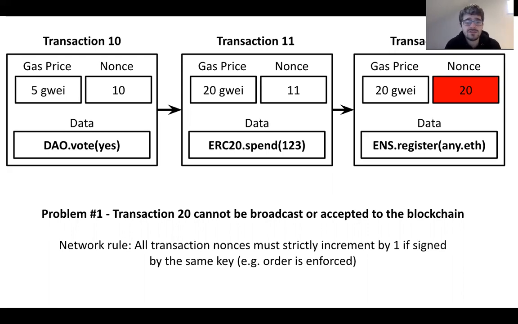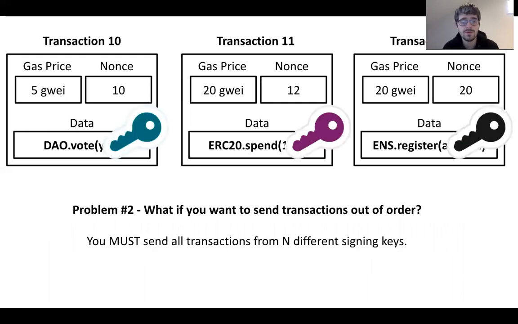Well, the nonce just jumped by 9. So technically speaking, transaction 20 can never be accepted to the blockchain. It'll just remain in the pending pool, and in fact, it probably won't even propagate across the network. So if you're not careful as a user, you may send a transaction, and there's a guarantee that it will never get in.